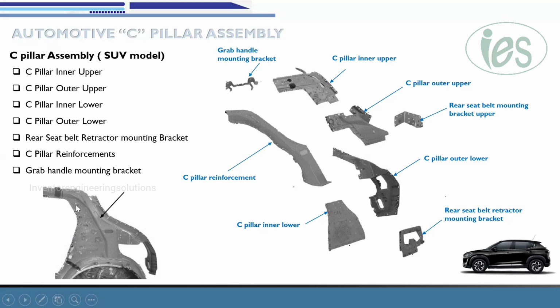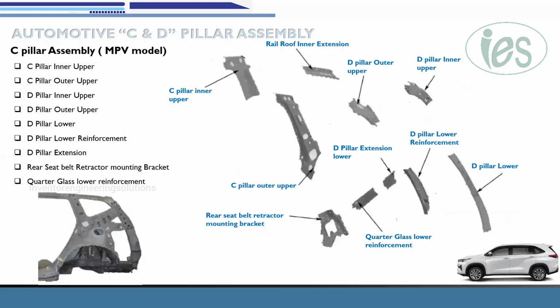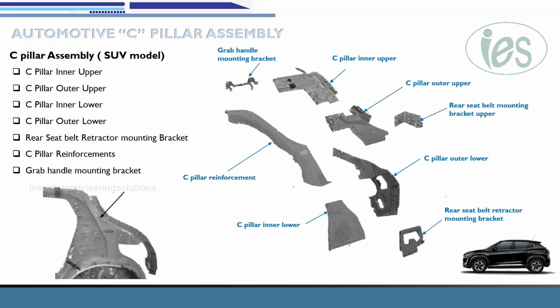Because SUV models and MPV models are designed for off-roading purposes, the vehicle has to run on rough terrains like desert, forest, and hill areas. So the torsional rigidity requirement will be high for the SUV and the MPV models.